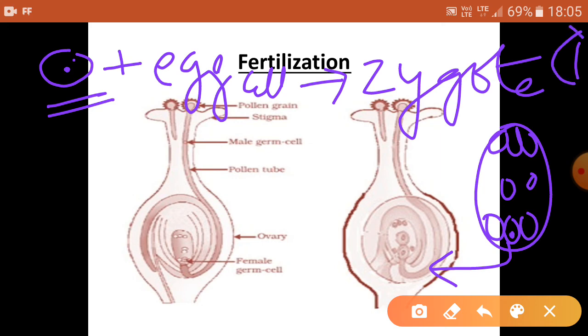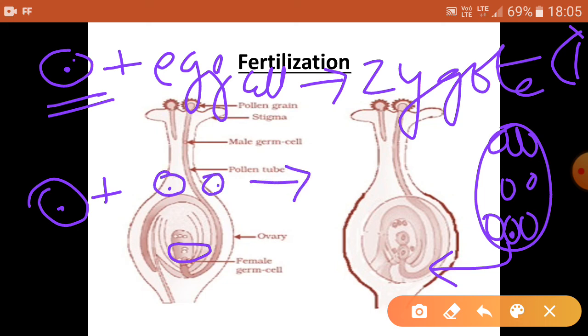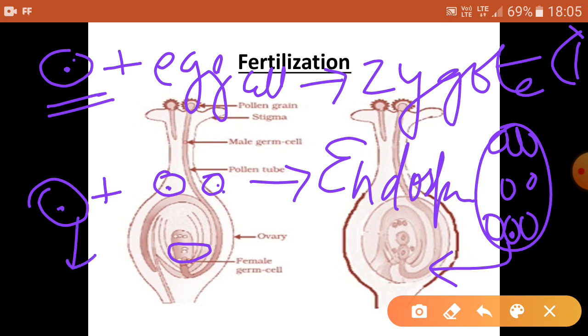Now, the other male nucleus will get combined with the polar nuclei, also called secondary nuclei. There are 2 in number. So, this one combines with the polar nuclei, and the endosperm is formed. This process is called triple fusion because 3 nuclei are involved: one nucleus of the male gamete and 2 nuclei of the polar nuclei.